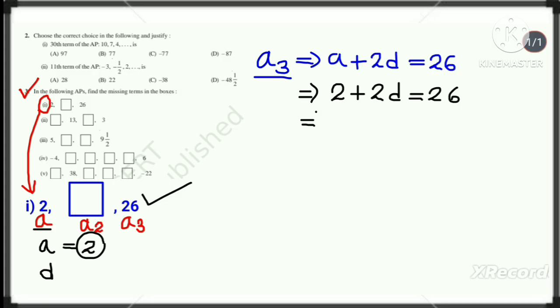Now 2D equal to 26, and this 2 goes to RHS and becomes minus 2.